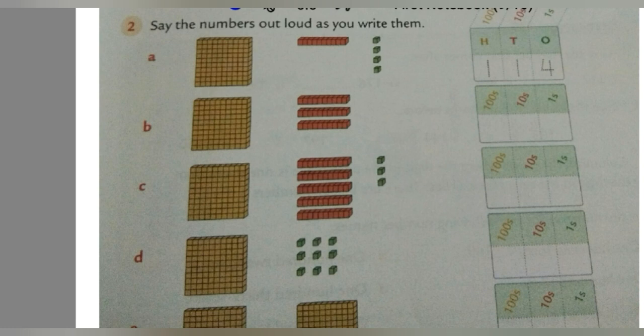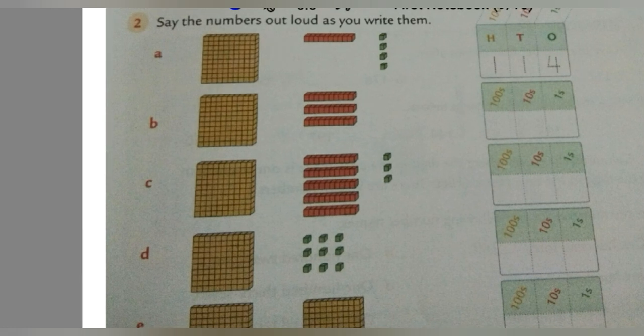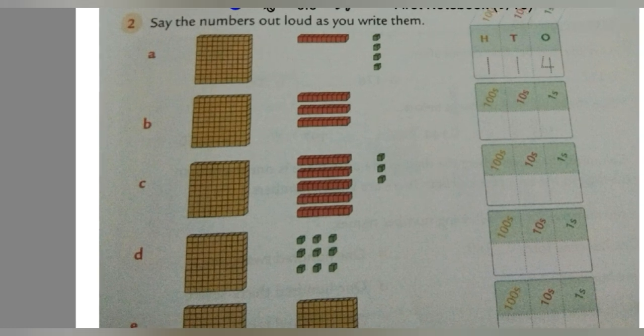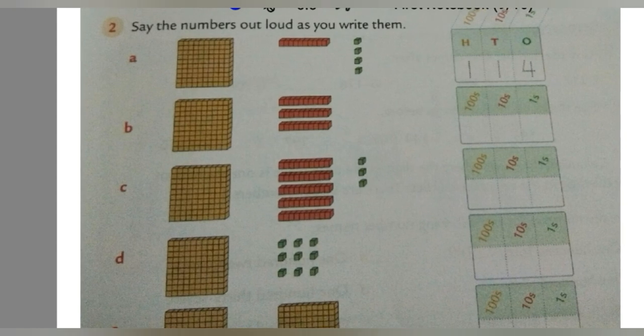And the boxes in green color denote ones. That means here in the 100 place you will write 1. In the tens place also 1, because only one strip is there. And how many are there in the ones place? 4. That's how we write it.